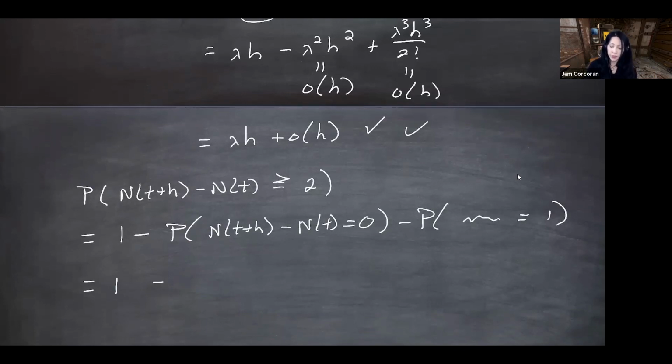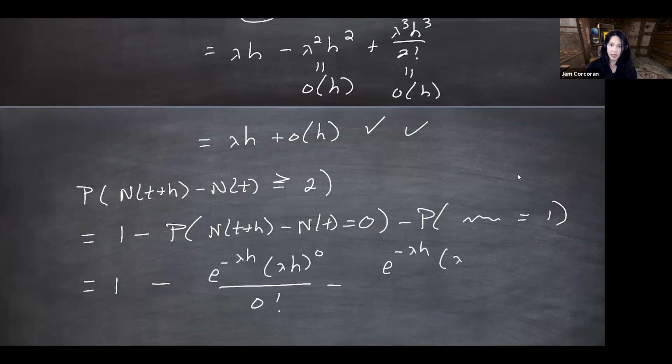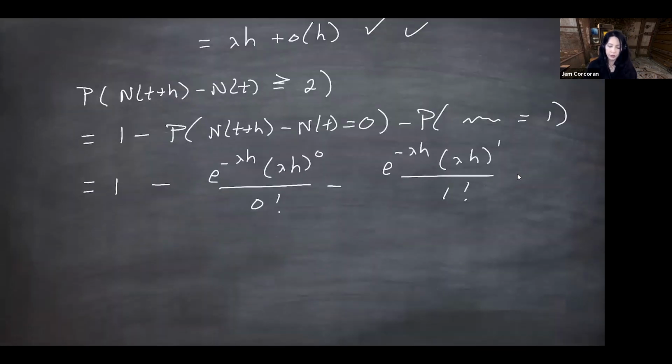So we know that this first thing is e to the minus lambda h, because h is the length of that interval, lambda h to the 0 over 0 factorial. No, you don't have to write that. I'm just afraid if I don't, someone's going to wonder where the other terms went. And then e to the minus lambda h, lambda h to the 1 over 1 factorial. I'm going to start rushing even more. Just get rid of the 0 stuff.